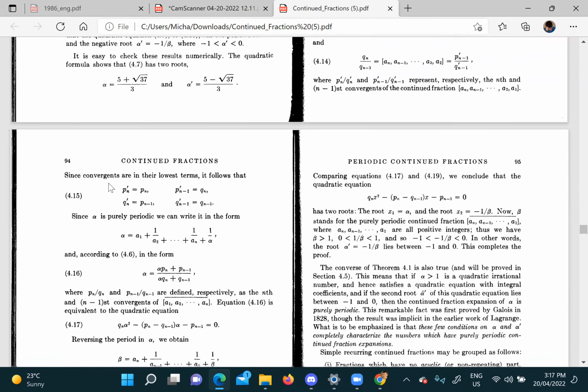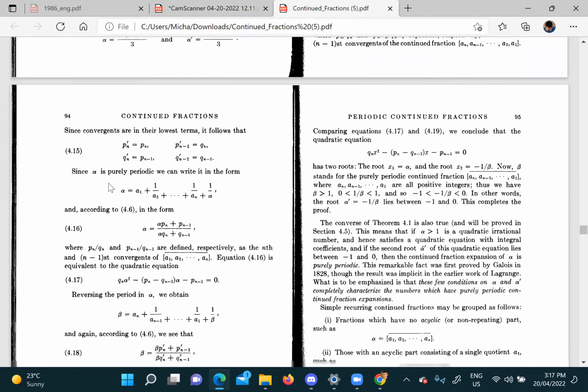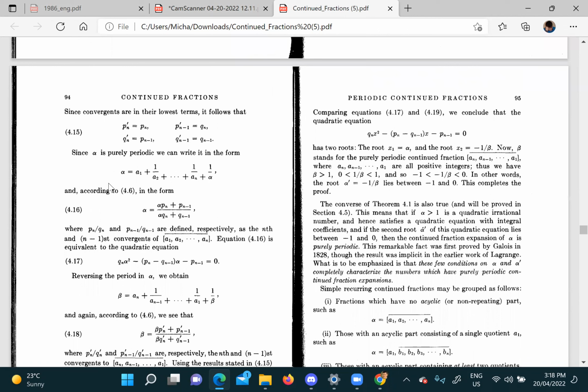So he's saying that if alpha is greater than 1 and is the root of a quadratic equation with integer coefficients, and if the other root lies between -1 and 0, then the continued fraction of alpha is purely periodic.